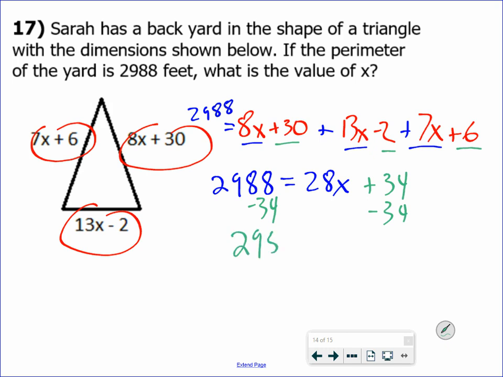And that's 2954 equals 28x. Divide both sides by 28. And I'll get x equals 105.5. Let me just double check my math there.